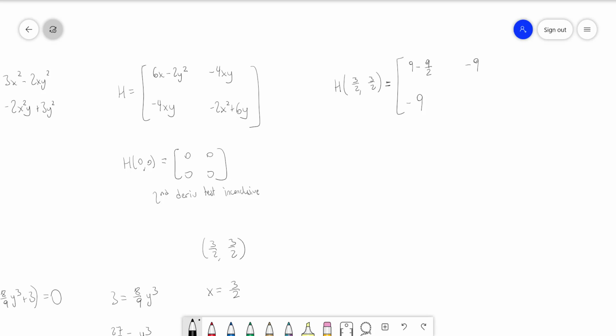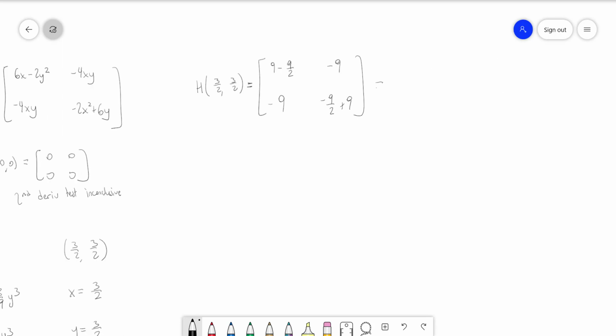And then x squared is 9/4. It's -9/2 plus 6y, so plus 9. So let's see here. That's going to be 9/2 minus 9 minus 9 and 9/2.